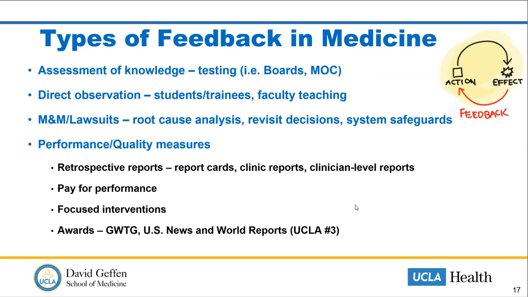But when they make updates to the performance measures, things like UCLA becoming number 3 in the nation, because we do well on these performance measures and our population does well, end up creating a lot of prestige. So it's valuable to the institution for us to do well on performance measures that are being followed.